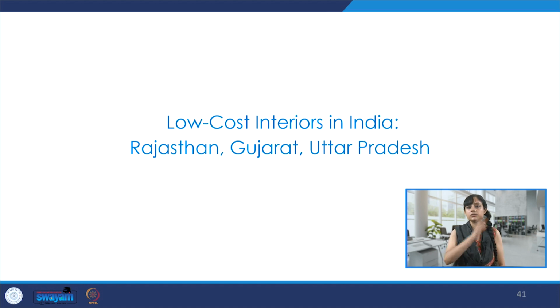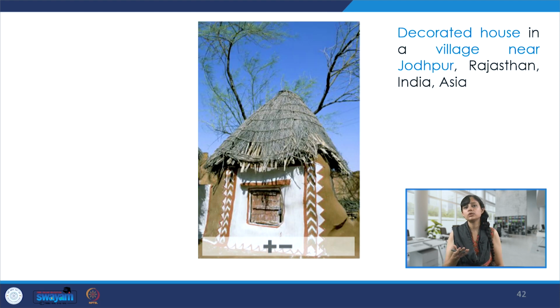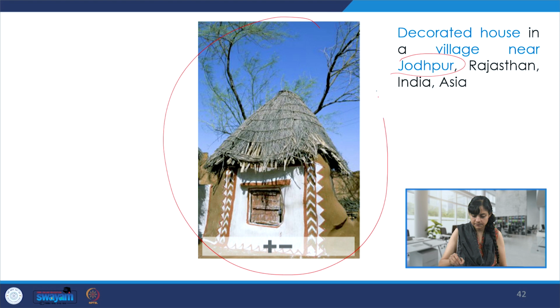Now, in complete contrast to the luxury interiors, we are going to talk about low-cost interiors, and there are some examples from India, specifically Rajasthan, Gujarat, Uttar Pradesh, and maybe there is an example from Uttarakhand also, if I remember correctly. This is one house from Rajasthan, specifically Jodhpur, a very famous typology of residence.